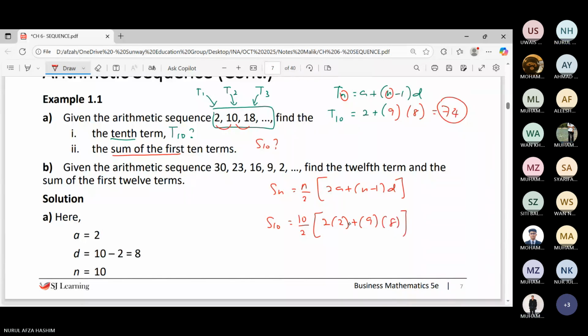Then you find the value. How much do I get?